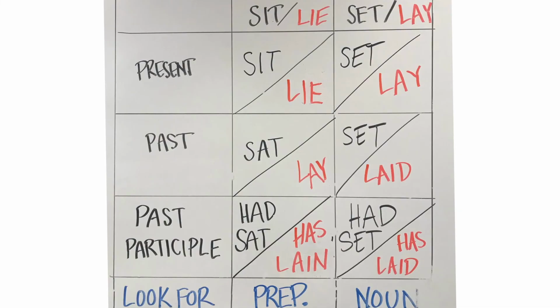And then on the final slide of this presentation, which I think you may find most helpful, I've created a chart for you, much like I would have had we been in the classroom, that you can use to draw parallels between these sit and lie verbs that mean motionless and do pair with a preposition, and then these words that mean to place, set and lay, and are followed by nouns. It might make sense to take a screenshot of this conjugation chart so that you have it for easy reference as you complete the lie versus lay exercises.